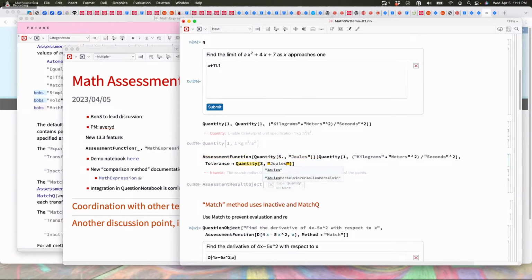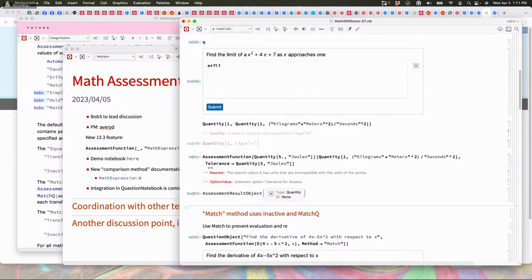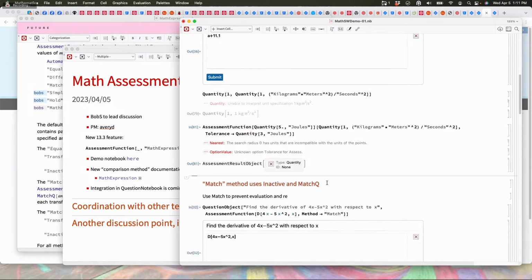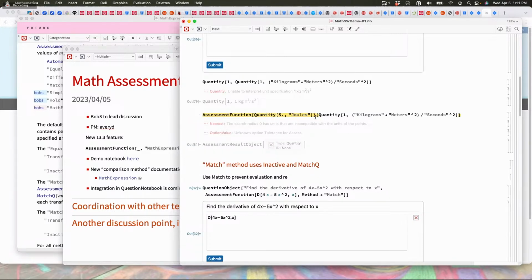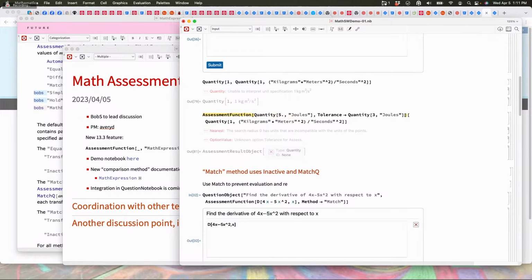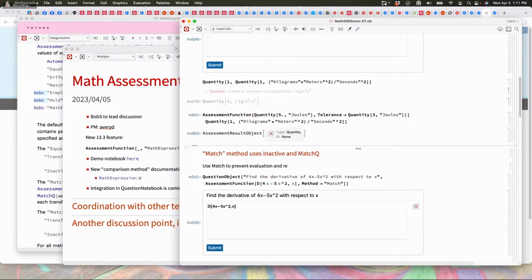Why do you have to do a tolerance for a quantity? I don't think you should. This is definitely a bug in the quantity sampling. You shouldn't need to do a tolerance, but it accepts it and it does. But you should be able to do a tolerance that is a pure numerical tolerance, which will be the numerical coefficients. You get what I'm saying? Just like it is in the algebra case. There we go. All right.